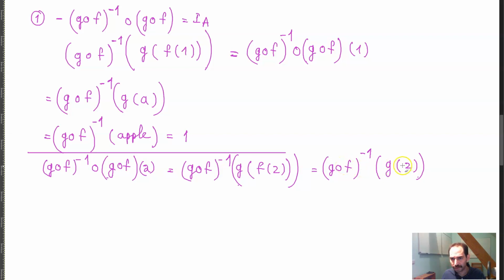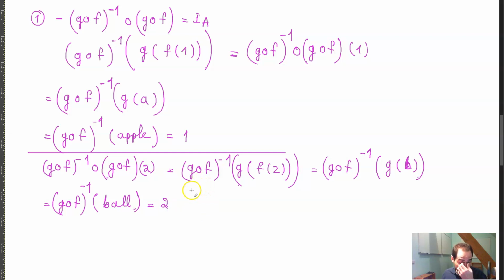I'm sorry, this is supposed to be equal to b actually. G of 2 is equal to b. So g of b is equal to ball, right? So I can write this as (G∘F) inverse of g of b is equal to ball. Now (G∘F) inverse of ball is defined as 2, right?